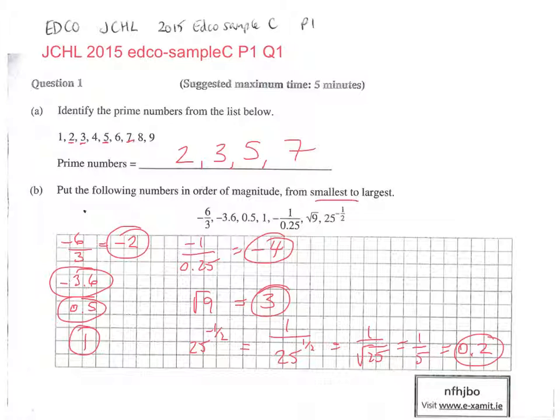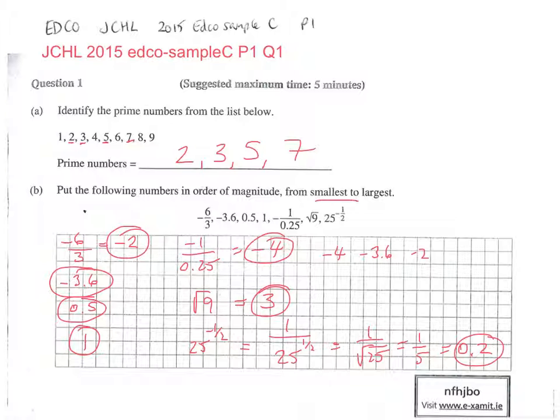We should now be able to put them in some semblance of order, starting from smallest to largest. Or maybe even better to say the lowest to the highest, because the smallest number, the lowest number, is minus 4. The next one is minus 3.6. The next one after that is minus 2.